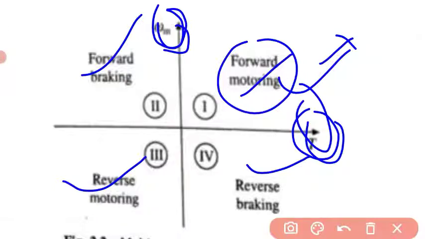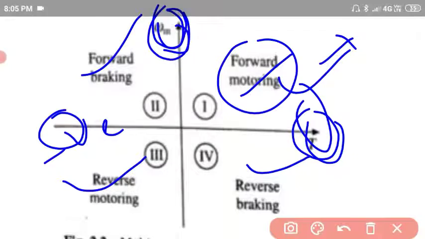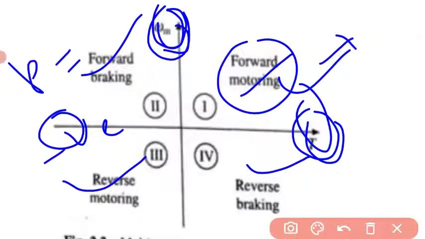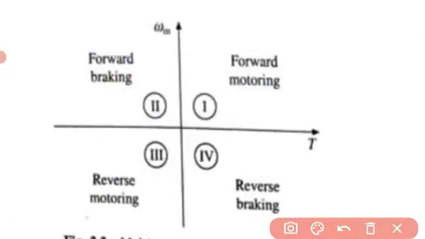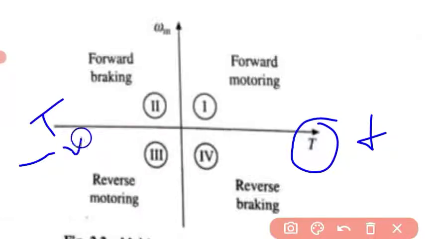In quadrant 2, power is negative, because if you look here, the torque becomes negative whereas speed is positive, and the product of torque and speed gives the power, so it becomes negative. You can see here, in the first quadrant torque is positive, here torque is negative.